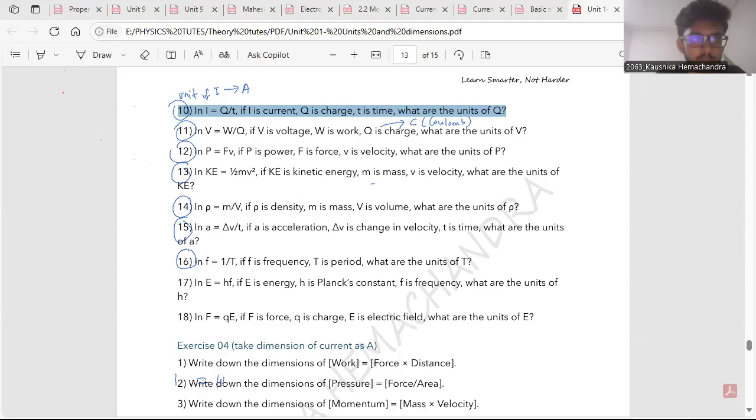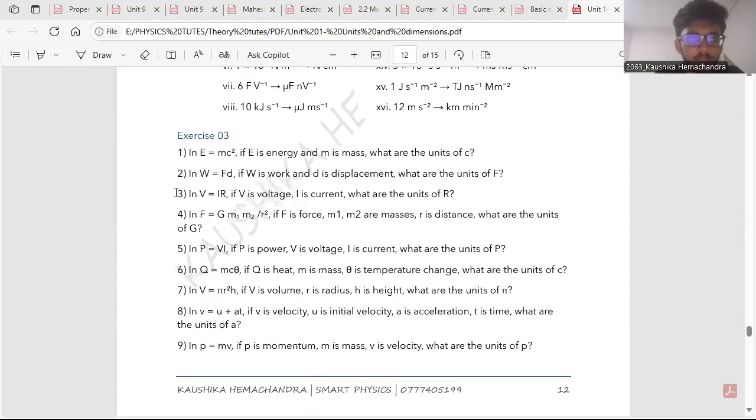And another one. So third question. I hope you marked the questions. I'll erase it. Third question, we don't do it right now. It's unnecessary units, right? The third question I told you all not to do because it has voltage, current, and resistance.